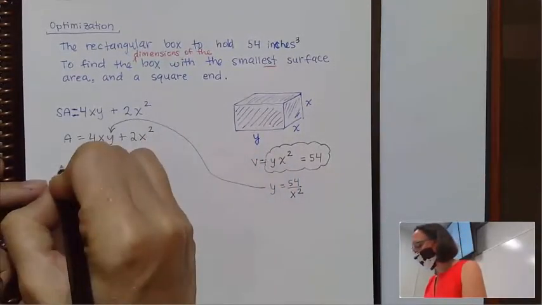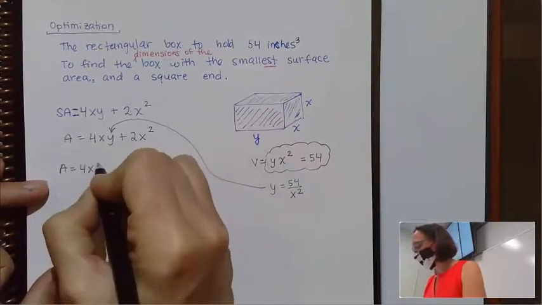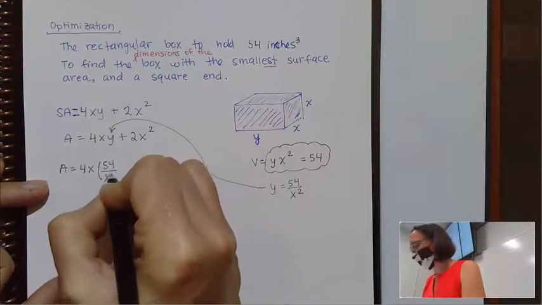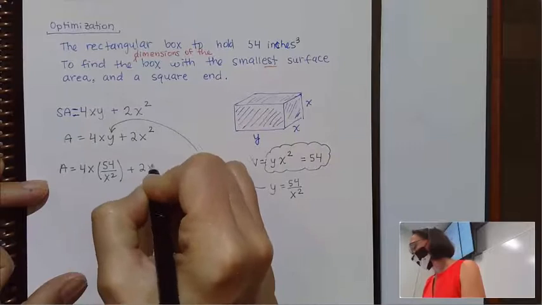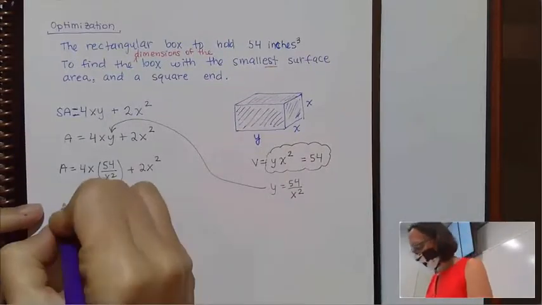That's going to turn my area equation into 4x times 54 over x squared plus 2x squared. And per usual, I'm going to choose to clean it up before I take a derivative if I can.